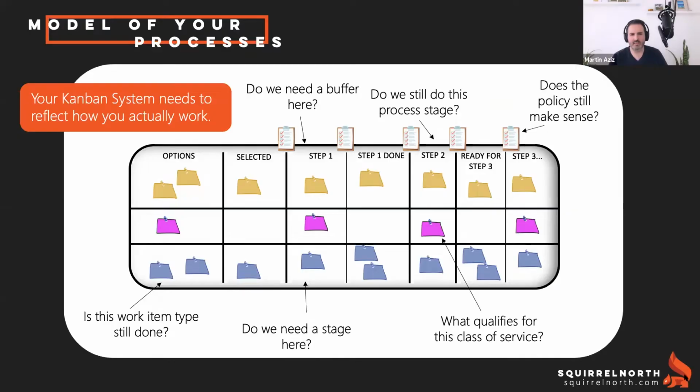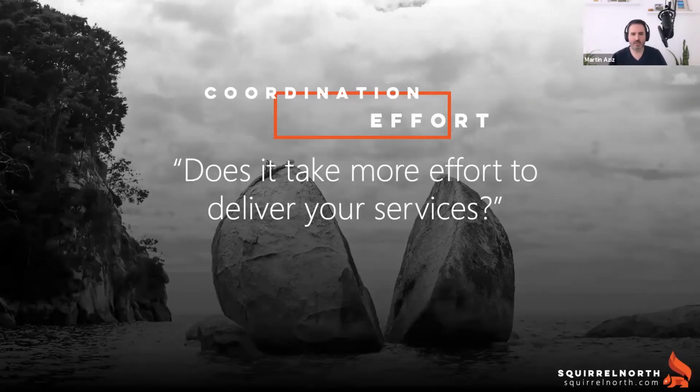So going back to this idea of your process changing, where is a lot of that coming from? The question you might want to honestly answer is, does it actually take more effort to deliver your services now? It may not be the case for everyone, but for a lot of companies who have relied on co-location, chances are, particularly early on, that it is in fact true, and your effort is going up to deliver your existing services.